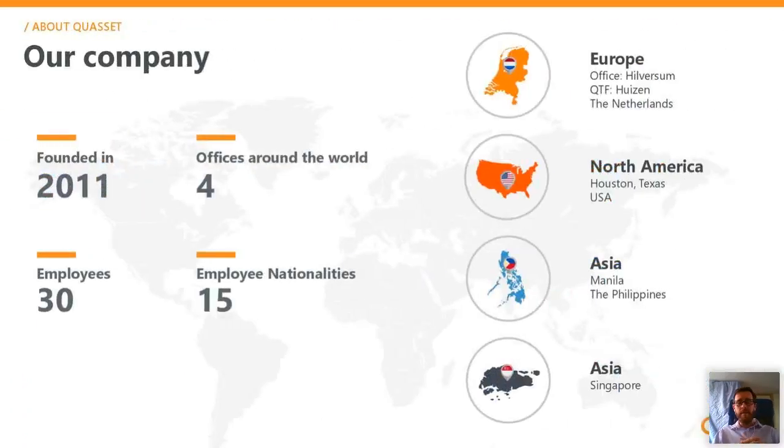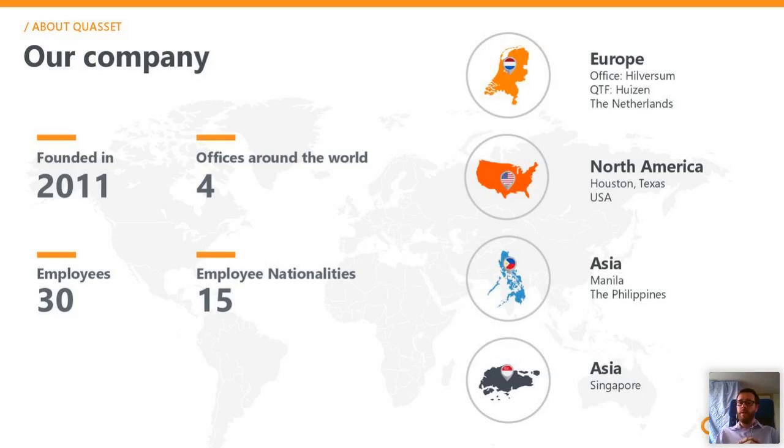Our company was founded in 2011. Our CEO and founder, Jib Obama, comes from the inspection industry. We have 4 offices around the world: 2 in Europe, here in Hilversum, where I'm speaking from today, nice and sunny, and Hausen, which is the QTF facility, just 20 minutes from Amsterdam. Then we have an office in Houston, Manila, and Singapore to service our clients.